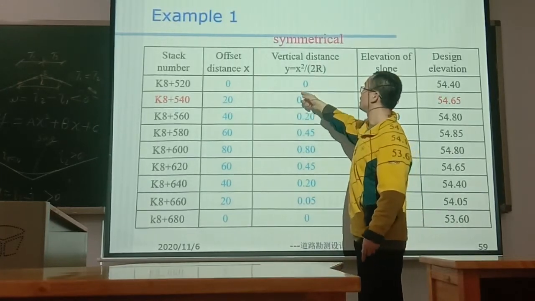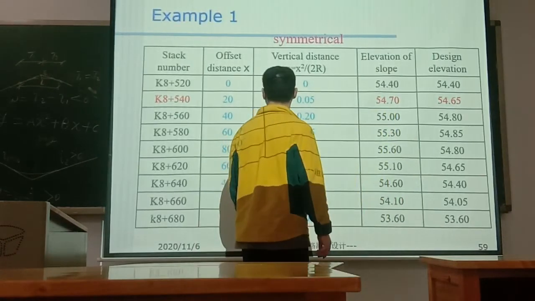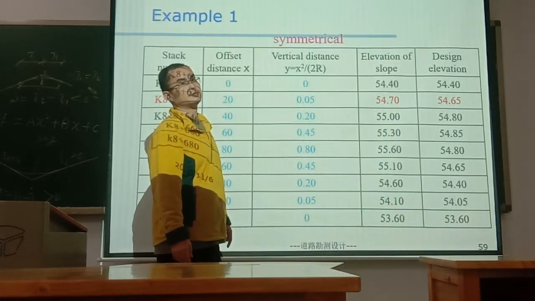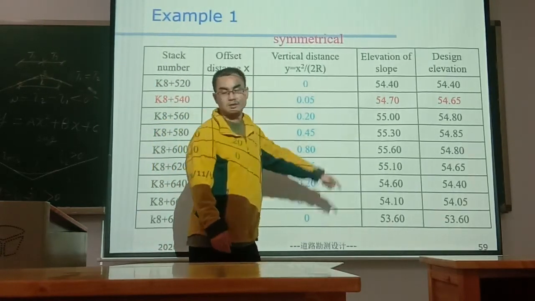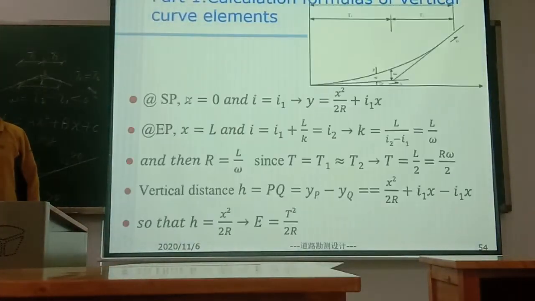So, now this is radius 2. What is the meaning of 2R? Why is it 2R?